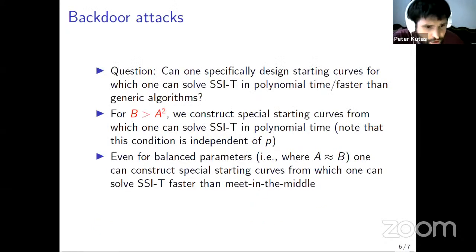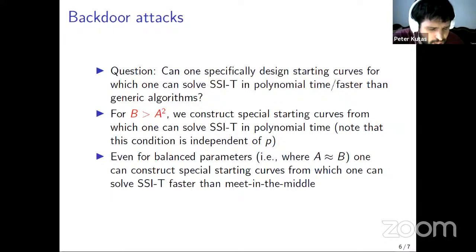We also proposed a different line of work. All previously mentioned work supposes that the starting curve is very special with J invariant 1728, but one can ask the question: what happens if an adversary is allowed to choose the starting curve? Can one specifically design starting curves for which one can solve the SSIT problem or break SIDH in polynomial time, or at least faster than generic algorithms?